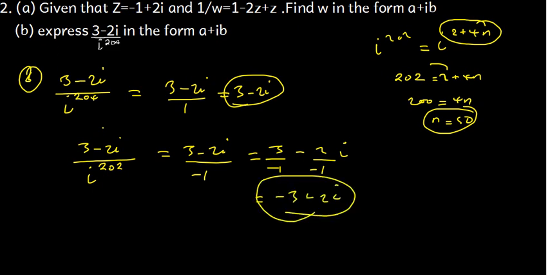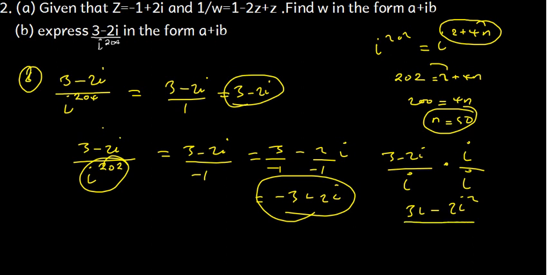So whatsoever that you've been given, you need first to simplify what is in the denominator, and then you go. If it gave you an i down, that would be 3 minus 2i over i. And so what you would have done is to conjugate. To conjugate something like that, you multiply the down and the up by an i. So that would be 3 times i, that will give 3i. Negative 2i by i, that will give negative 2i squared, and divided by i times i, that will be i squared.